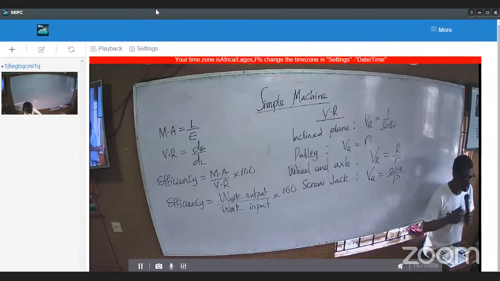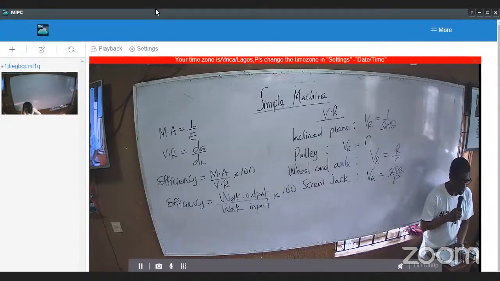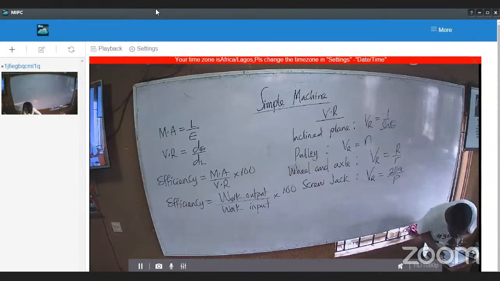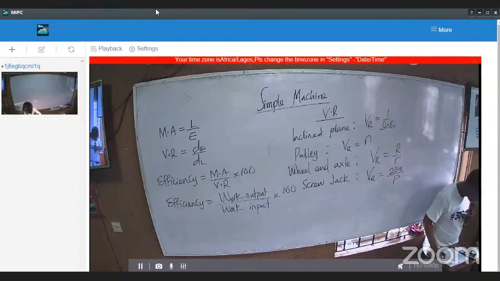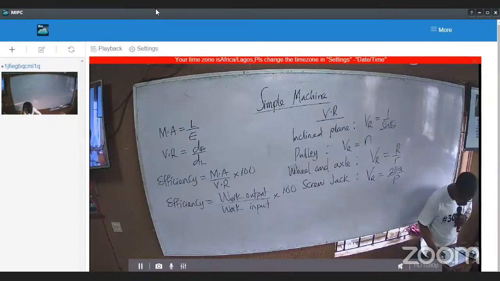Question 1. A wheel and axle is used to raise a load of 2,000 Newton by the application of an effort of 80 Newton.